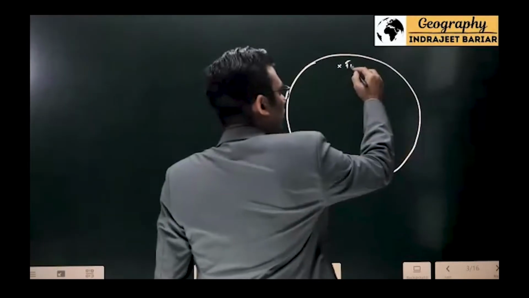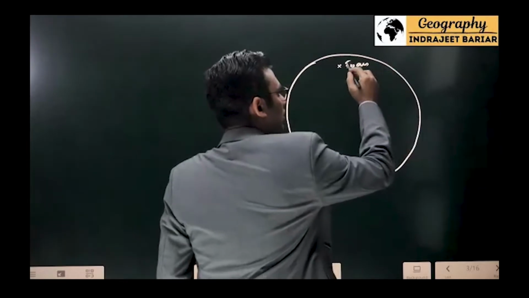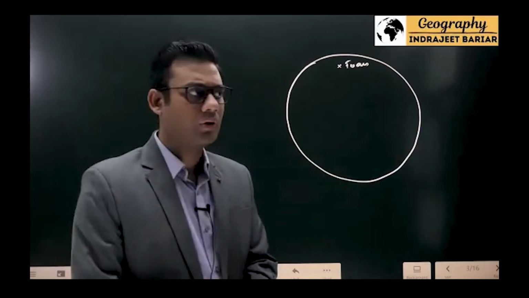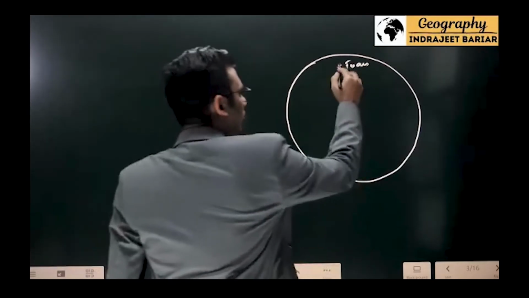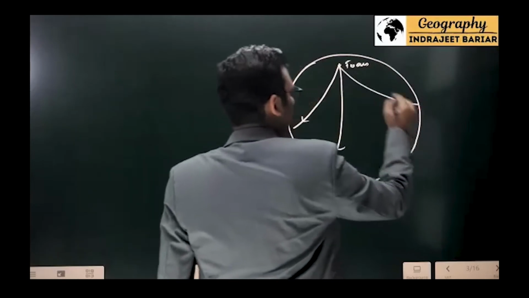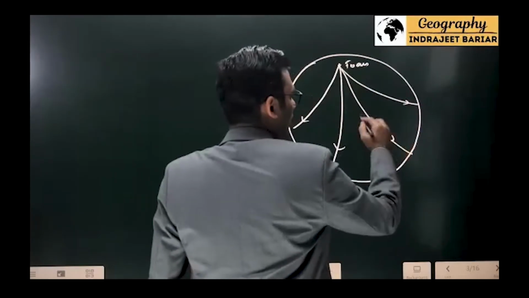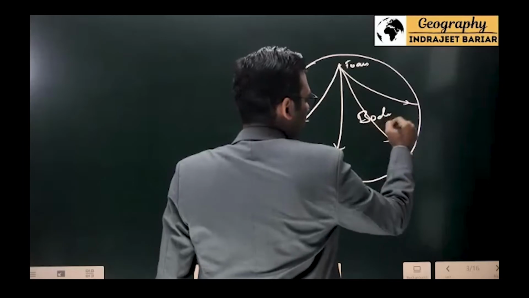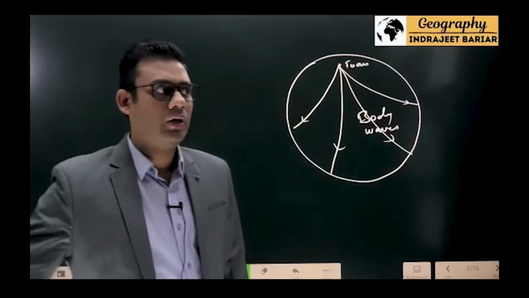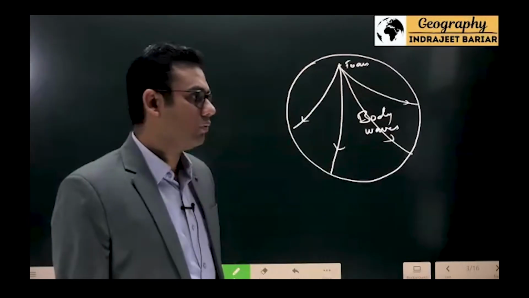Now from this focus, as the energy is released, this energy propagates in all directions in the form of waves. So we have the waves which would be moving like this. These are the first ones, which are called body waves. They are traveling through the interiors of the Earth.